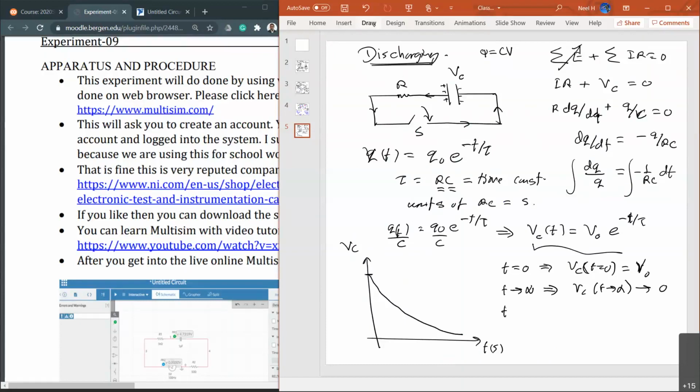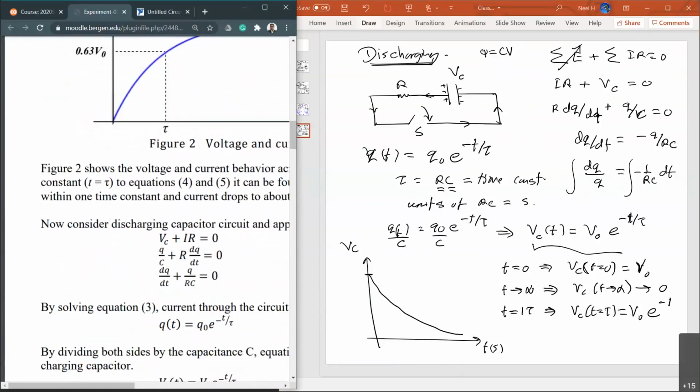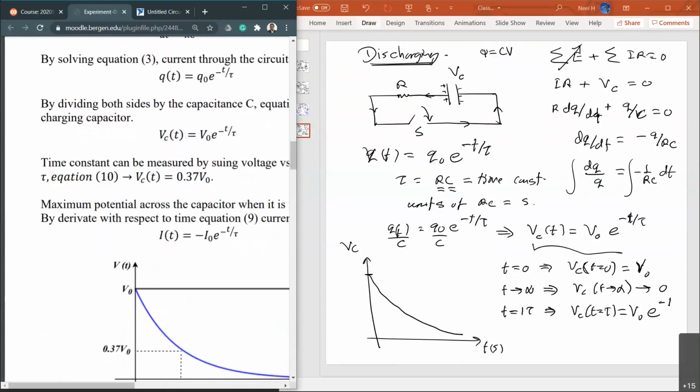What happens if t goes to 1 tau? Then your Vc when t equals tau is equal to V0 times e to the minus 1, because t cancels out. E to the minus 1 is 0.33. Let me take a look at that number quickly. So it should be 0.37.